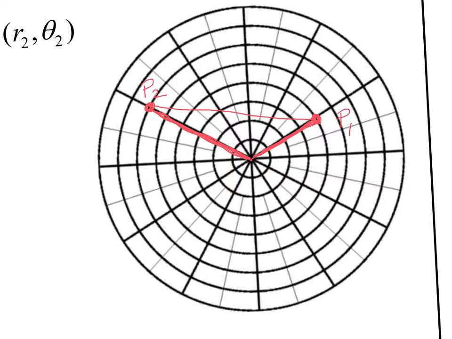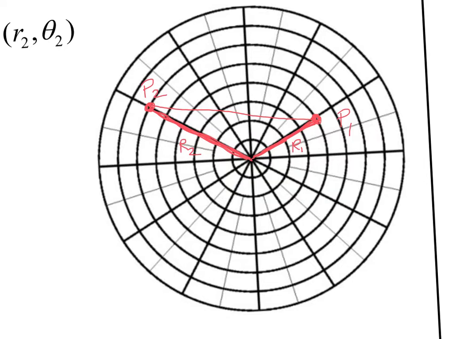Now when we try and figure out the lengths of these 2 thicker red lines, think about how polar graphing works. Points P1 and P2 are a distance of R1 and R2 from the center. So the length here is equal to R1, and the length over here is equal to R2.